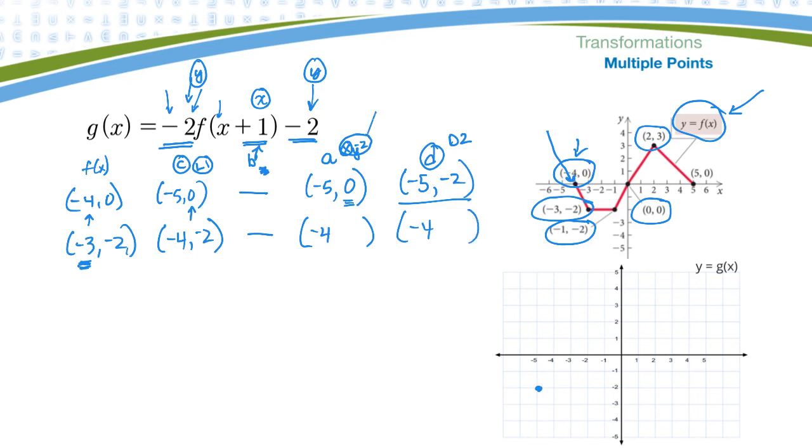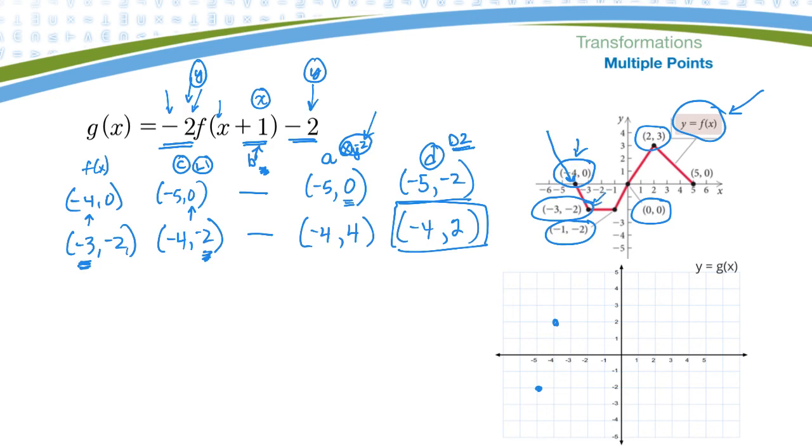So I have to multiply the Y value by a negative 2. Here's the Y value. Negative 2 times negative 2 is a positive 4. And then I have to move it down 2. So if I'm at 4 and I go down 2, I'll be at 2. So this point here, I can plot. Minus 4 and 2, right there. So that point is similar to that point.